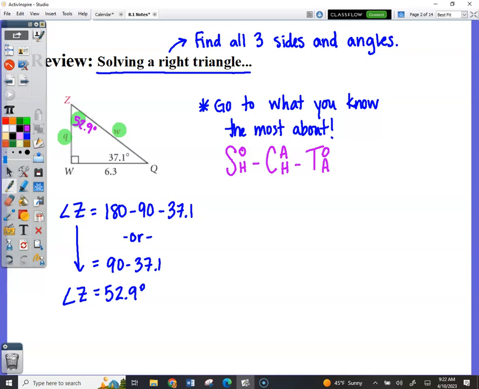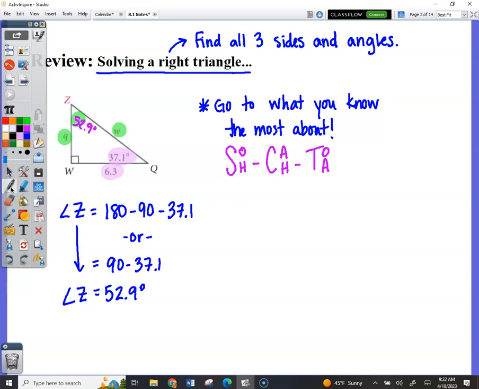use the two other given values in the triangle. So if I'm trying to solve for Q, I'm going to have to use 37.1 and 6.3 to do that. Because I can't set it up to have Q and W in the same fraction, because then I'd be stuck, right?